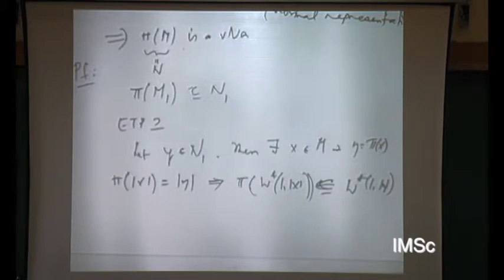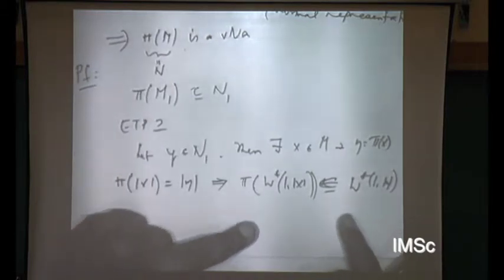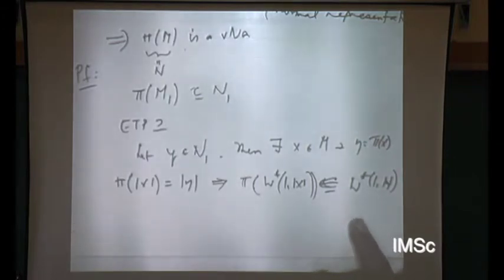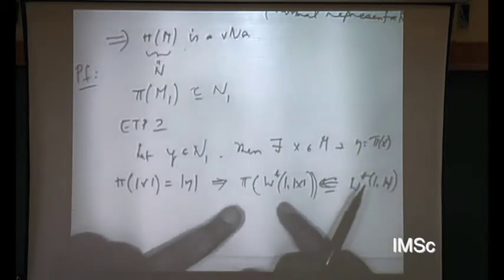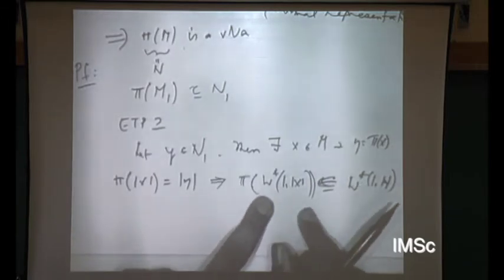And we know separately that each of them looks like L infinity of something. So let me start again. I'm restricting attention of pi to this singly generated von Neumann algebra.